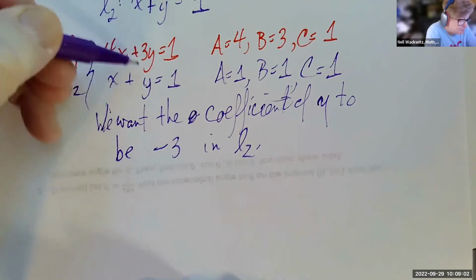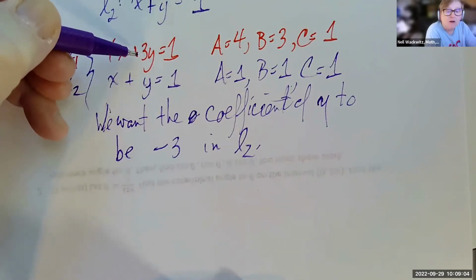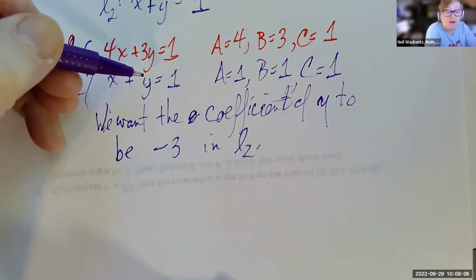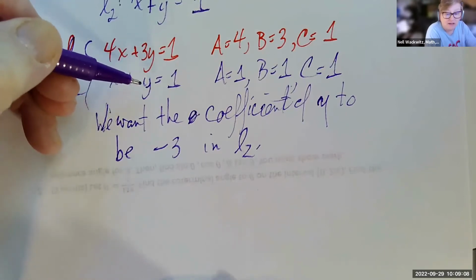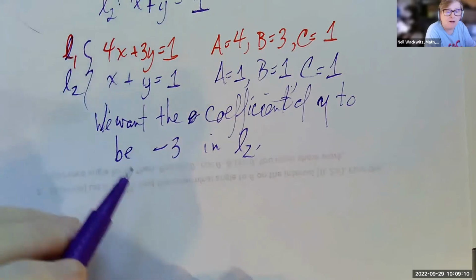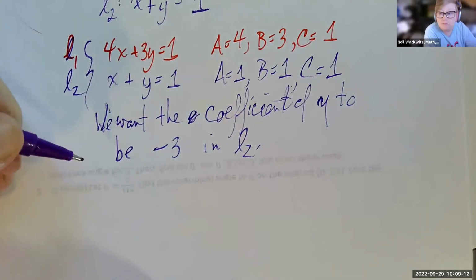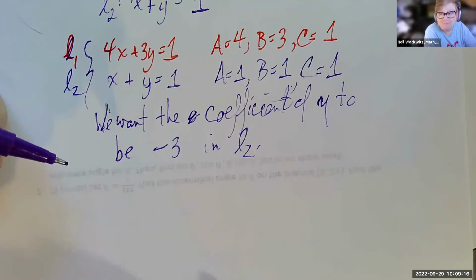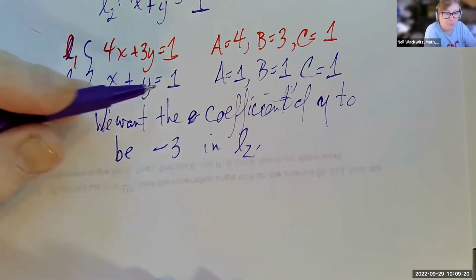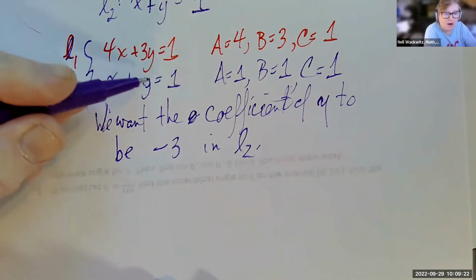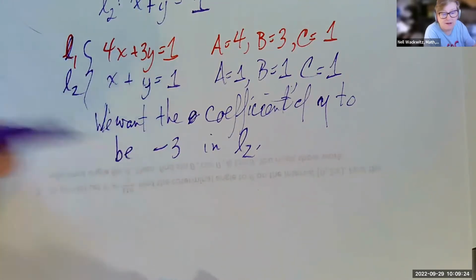So since we have a +3y in line 1, it would be nice to have a -3y in line 2. How can we get that? What can we do to get the coefficient of y in line 2 to be -3?